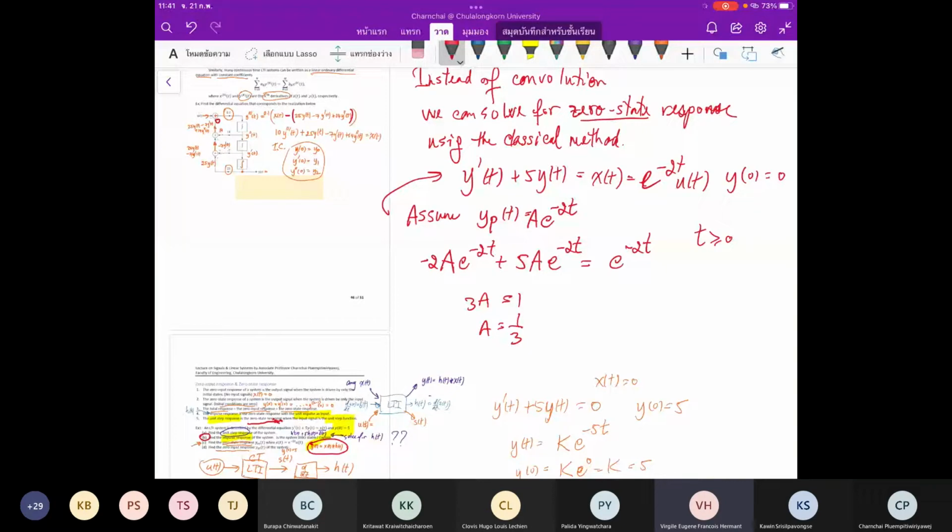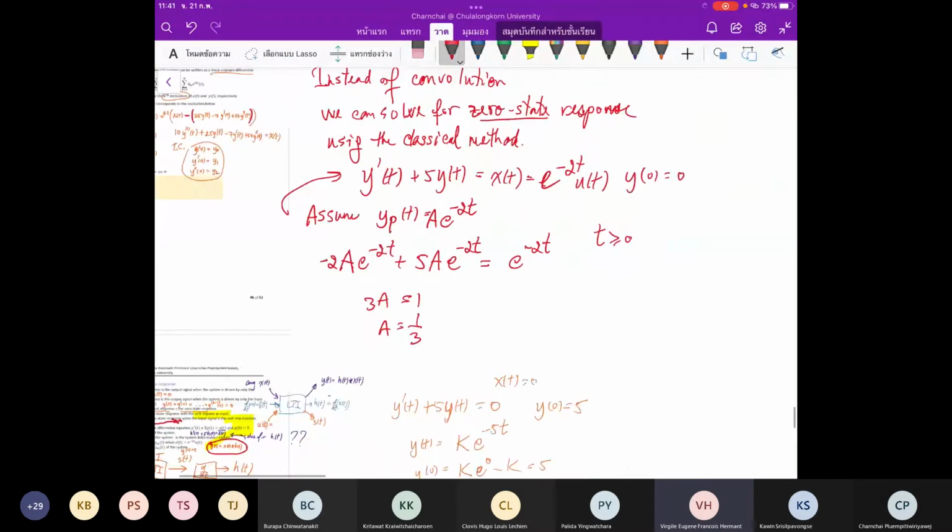And then what do we do here? Well, there are many steps. y(t) would be some constant k e to the negative 5t, plus 1/3 e to the negative 2t.